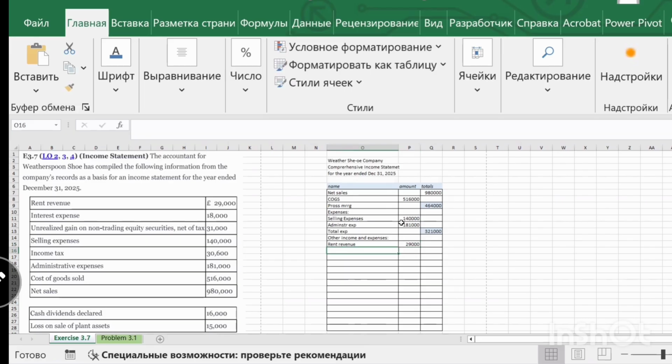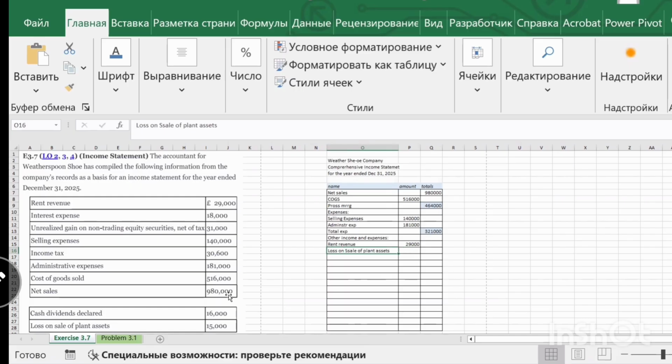And other expenses might be loss on sale of plant assets. So this loss is not included in the working process.